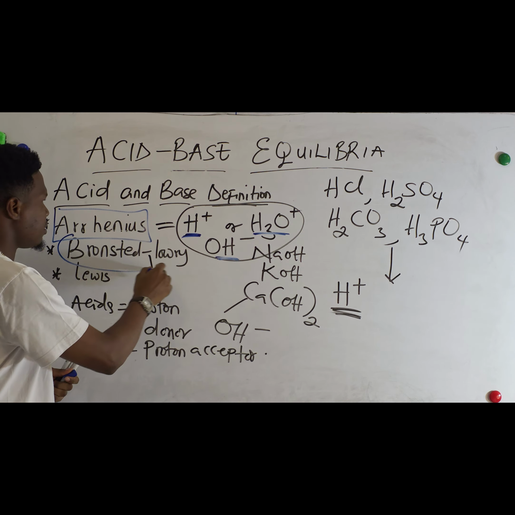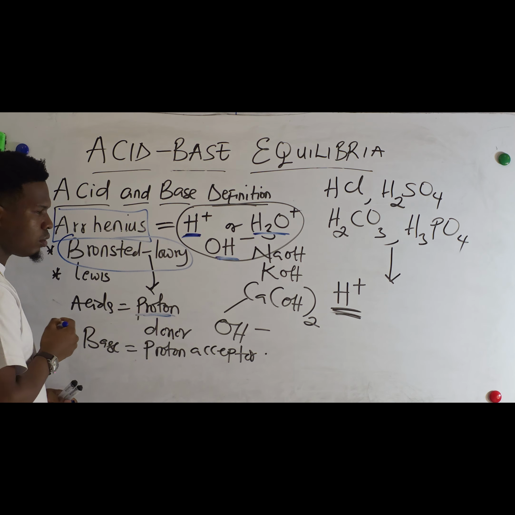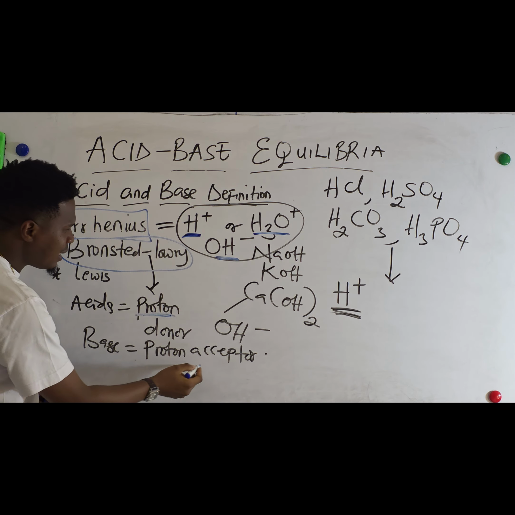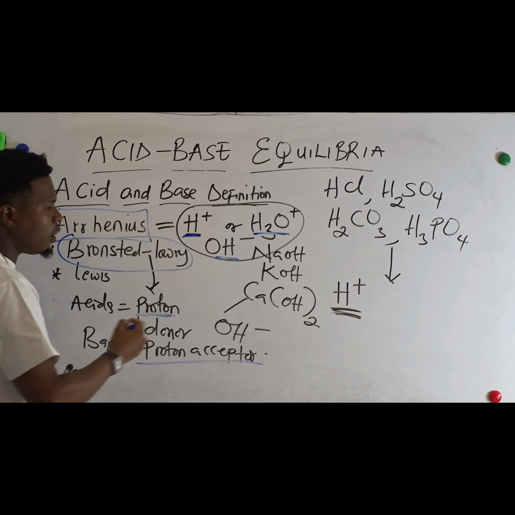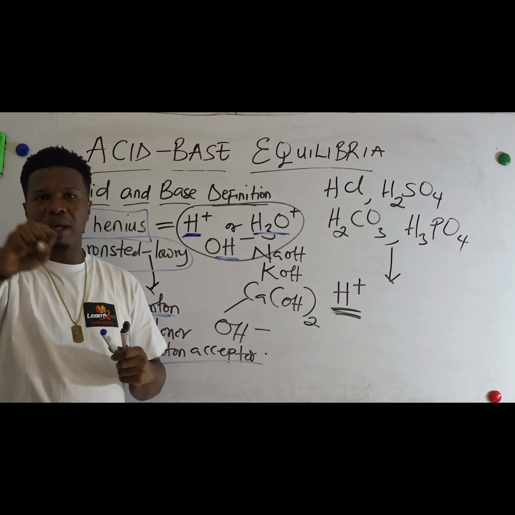According to this scientist, those substances that can donate a proton are called acids, and those substances that can accept a proton are called Bronsted and Lowry bases.